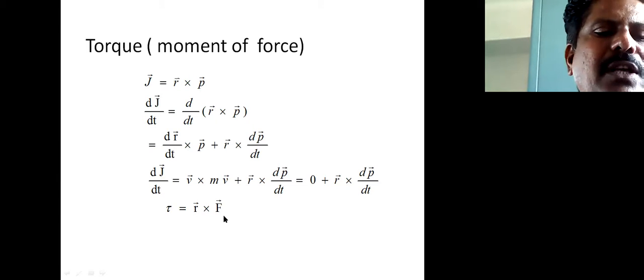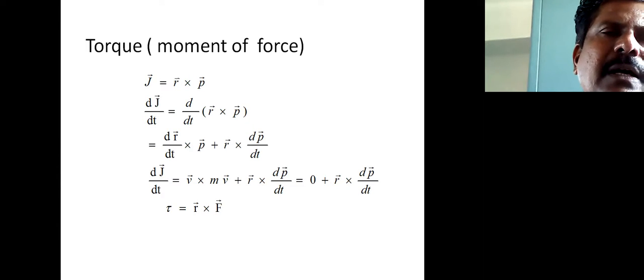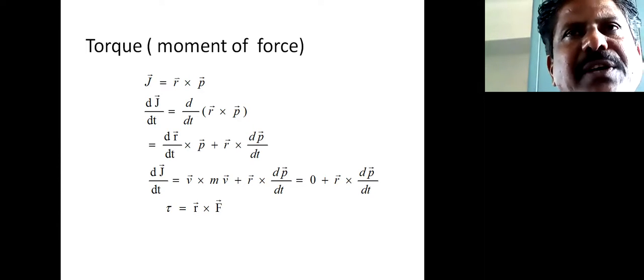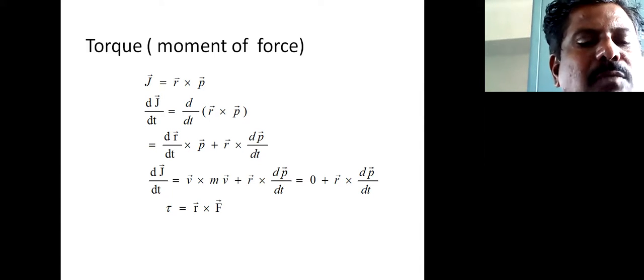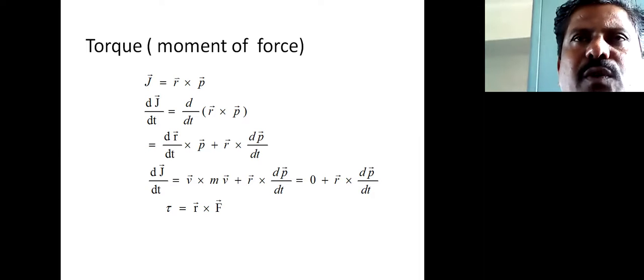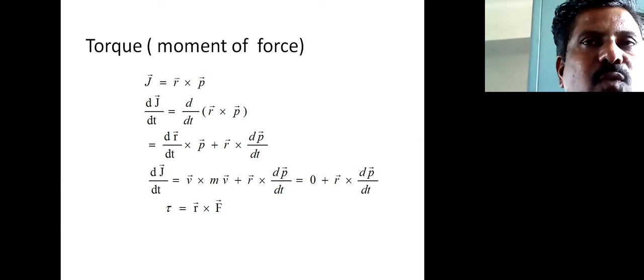So that's your torque: the time rate of change of angular momentum of a particle about a given point is known as torque. That is, tau is equal to r cross dp by dt. Simply write tau is equal to dJ divided by dt.